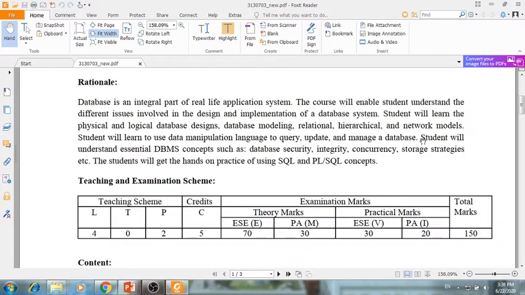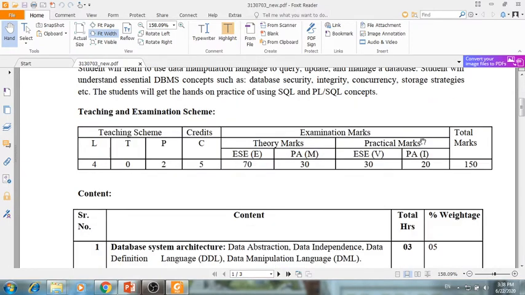Let's see the teaching scheme first. GTU offers 4 hours of lectures per week and 2 hours of practical sessions per week.